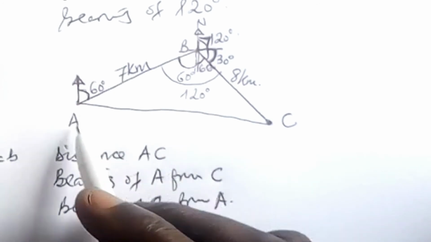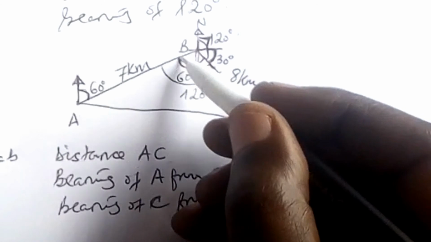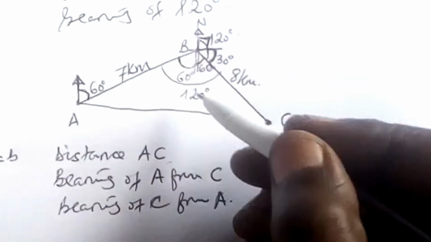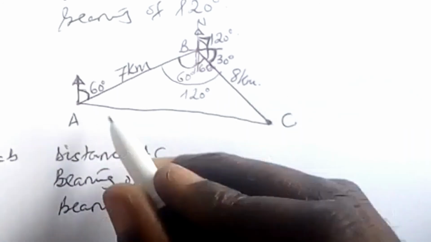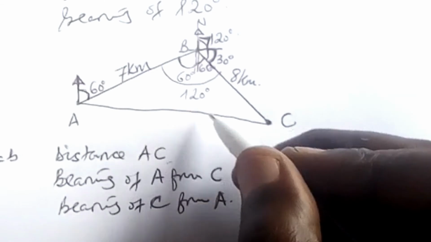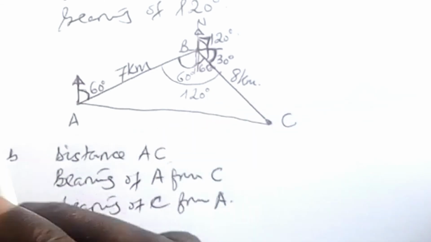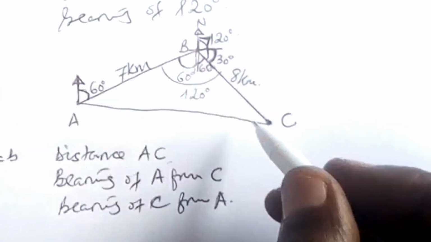Now in the case of the distance AC, it is simple. If you come and analyze this angle here and it is 90, then you are dealing with a right angle triangle, and you can use Pythagoras theorem simply to obtain AC. But then the angle not being 90 degrees, we are bound to use the cosine rule. I know two sides and there is the other side I need to find.